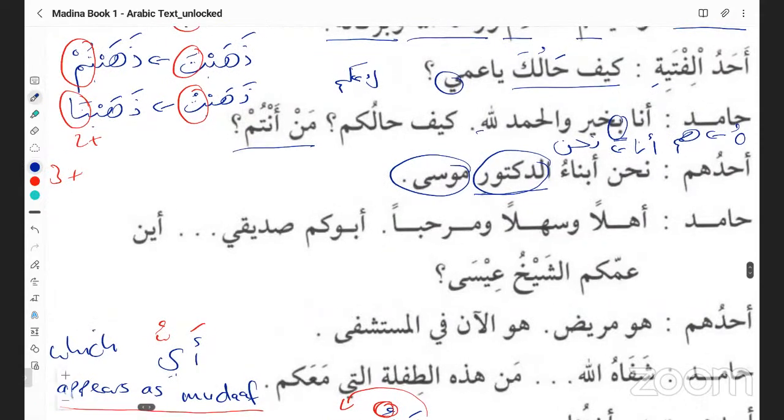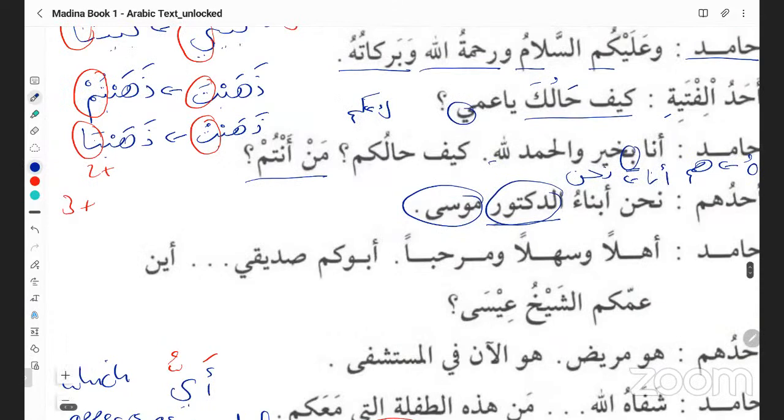Abukum sadiqi. We done this before. We see there are certain words that when you make them mudaf, we'll add a letter. We said akhun. If you want to make it mudaf, so we're going to put a dhamir next to it. So kum, for example, this attached pronoun is attached to the word, it's a mudaf.